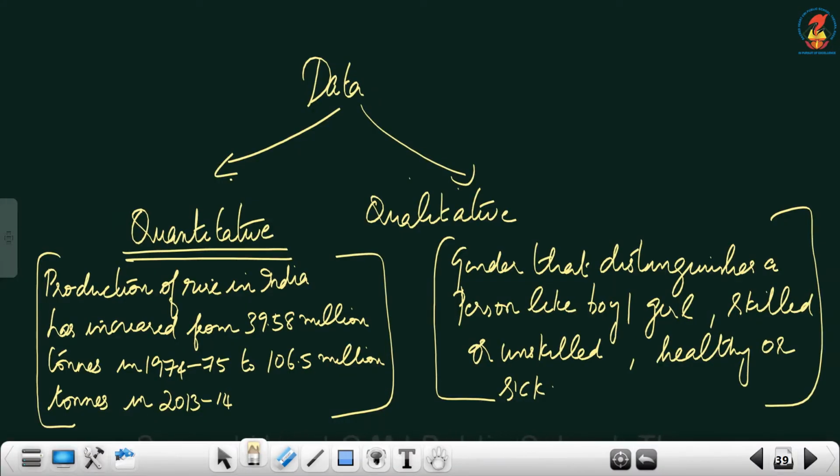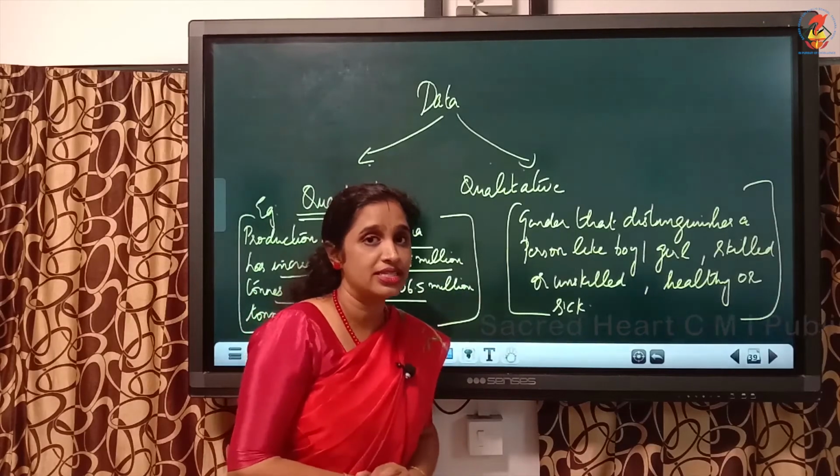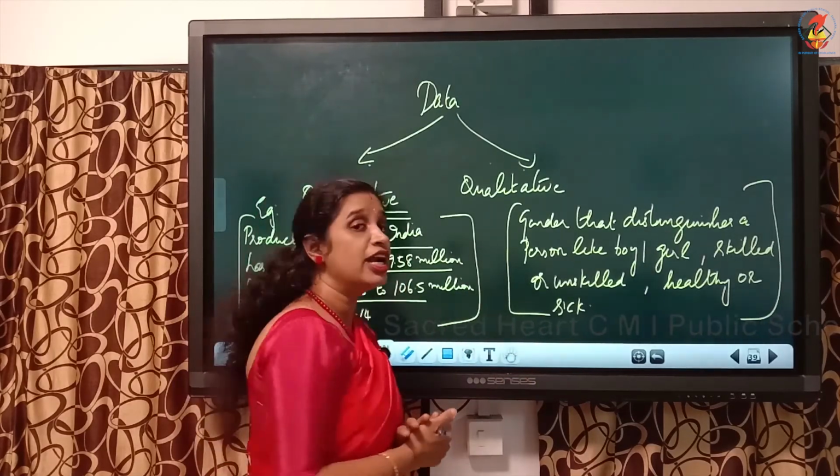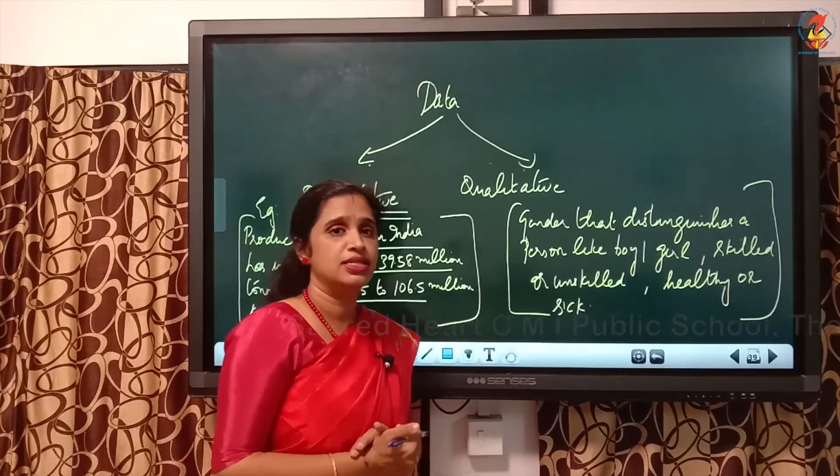Quantitative data. An example that I can give you is: production of rice in India has increased from 39.58 million tons in 1974-75 to 106.5 million tons in 2013-14. What does it mean?